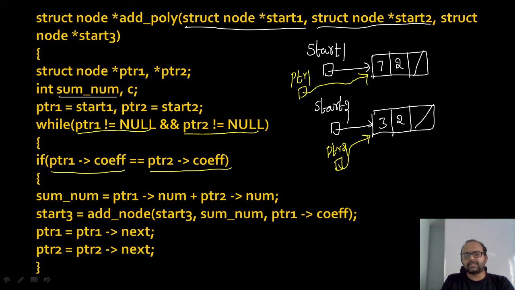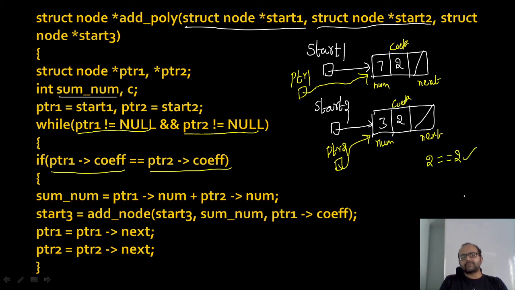You can observe this particular node containing three parts: this is num, this is the coefficient part, and this is the next part. So ptr1 arrow coefficient double equal to ptr2 arrow coefficient, which means 2 double equal to 2, the condition becomes true.